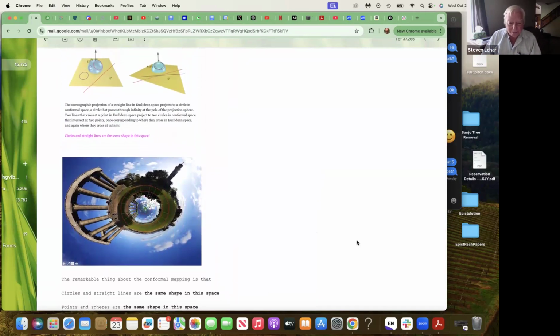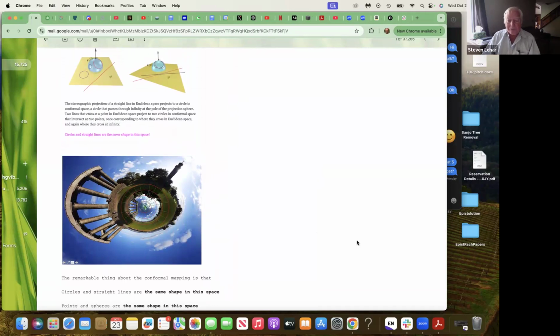And using projection, you can make conformal resonances. And by that means, you can represent a whole geometry of different shapes based on the primitive of point, sphere, and line, and they all come right out of the math in this WordPress document that these are extracted from. I explain it in more detail.